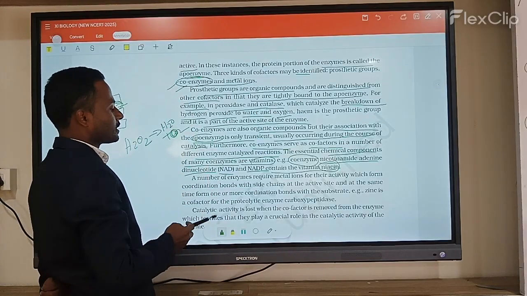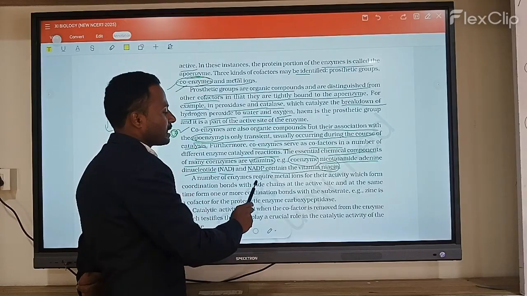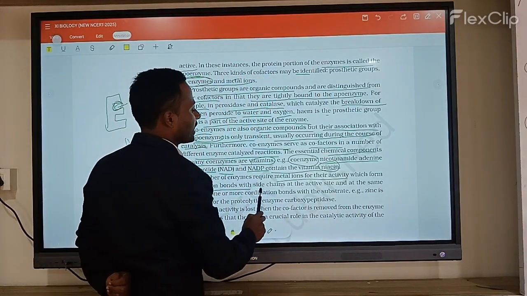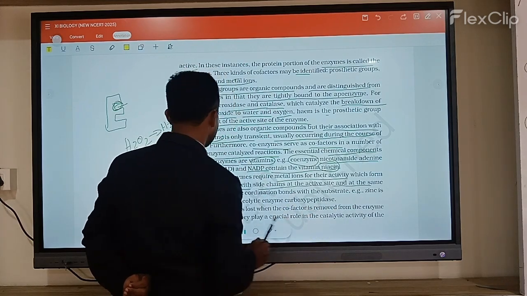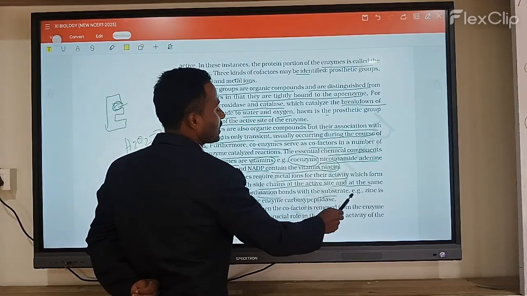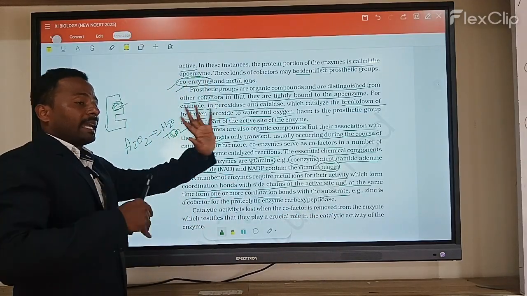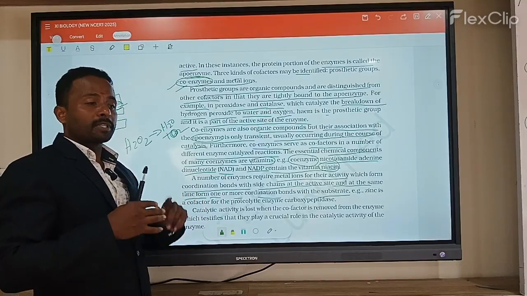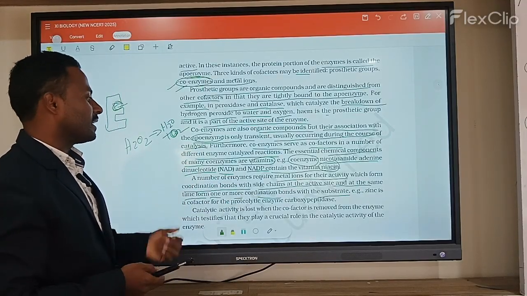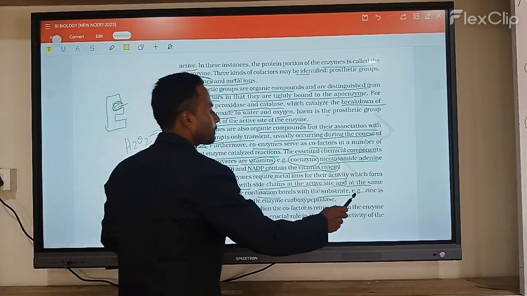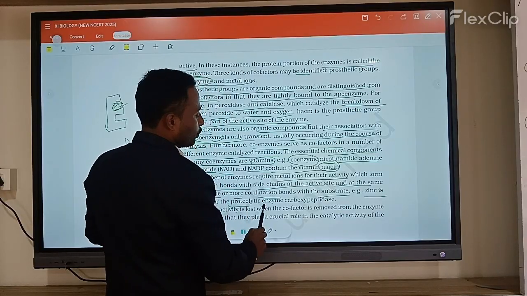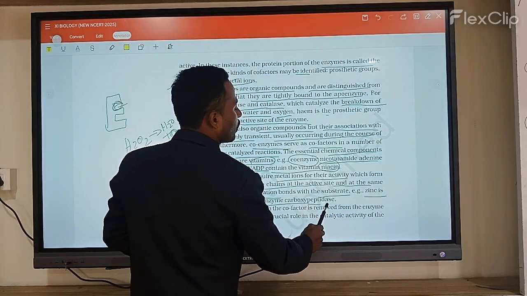Next one is metal ions. A number of enzymes require metal ions for their activity, forming coordination bonds with side chains at the active site and at the same time forming one or more coordination bonds with the substrate. So when enzyme action is going on, they require these metal ions. For example, zinc is a cofactor for the proteolytic enzyme carboxypeptidase.